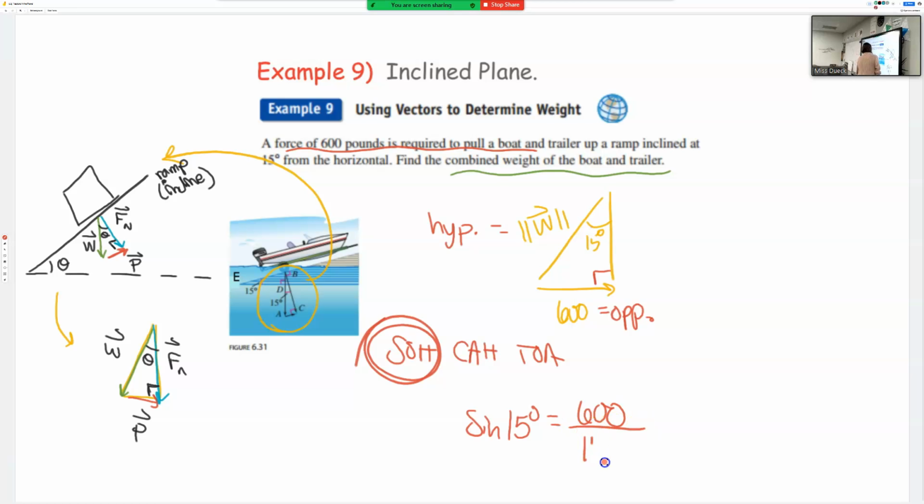Misty, does the 600 pounds always go like on the bottom? Well, only if it's the pulling force. It can either be what force is required to pull it up, or what force is required to hold it. It's that idea of whatever tension is being given to the boat in that parallel fashion.